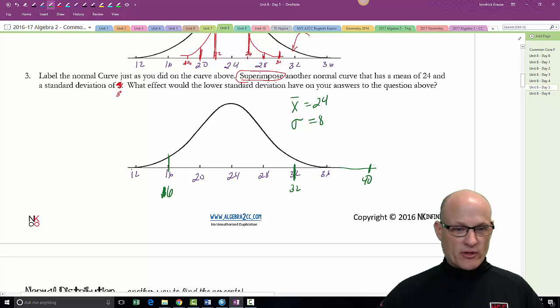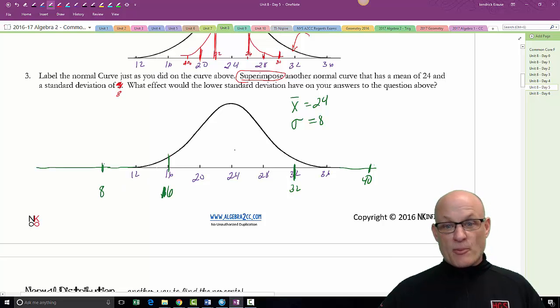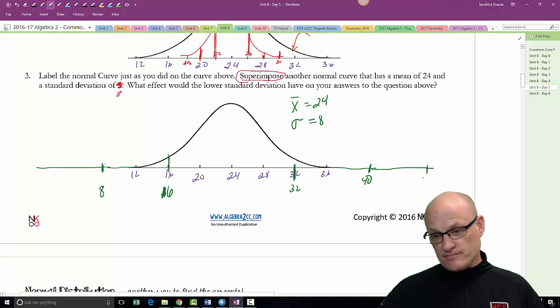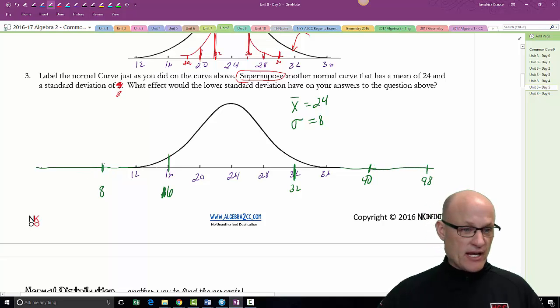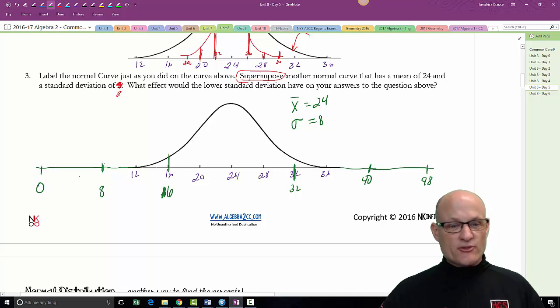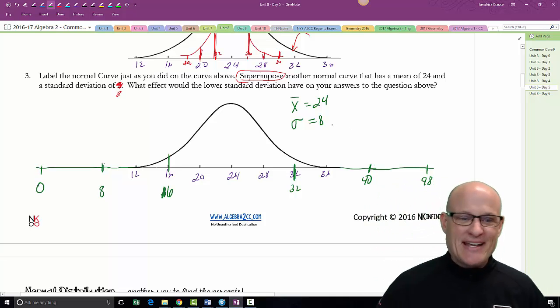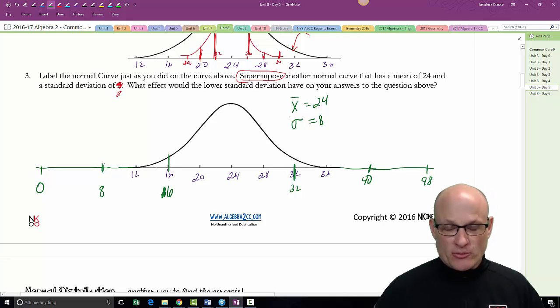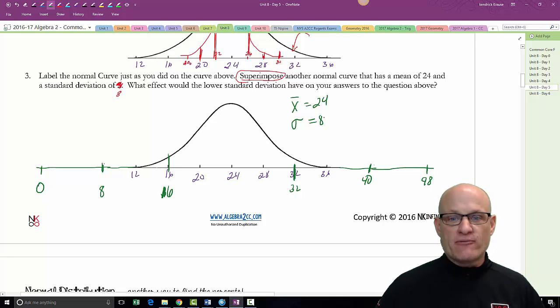And then down, 8 down would be at 8. And then I go up another 8, so now I would be at 48, and down here at a score of 0. So now the green is going to represent a normal distribution with a mean of 24 and a standard deviation of 8. So that's going to kind of look like this.